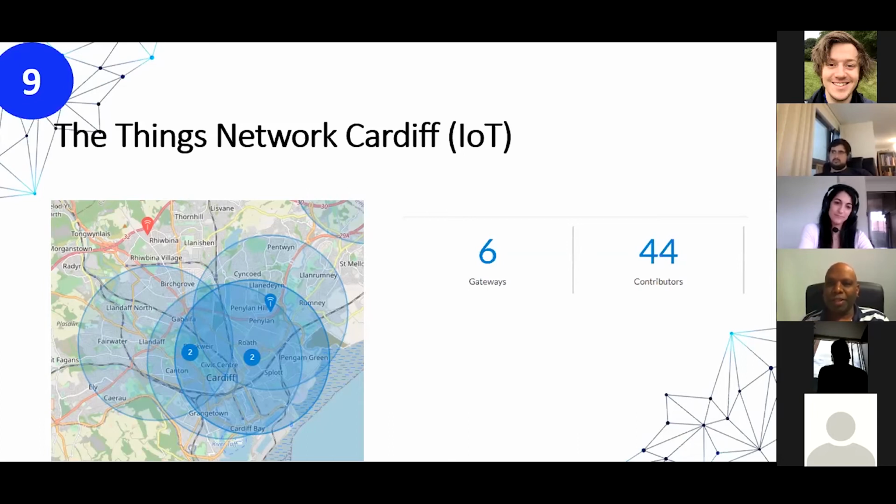So the Internet of Things network in Cardiff, this particular network is run by volunteers, and it is free to connect. Anyone can connect to it, and it runs something called LoRaWAN, a low energy wide area network, and you can connect your own sensors.